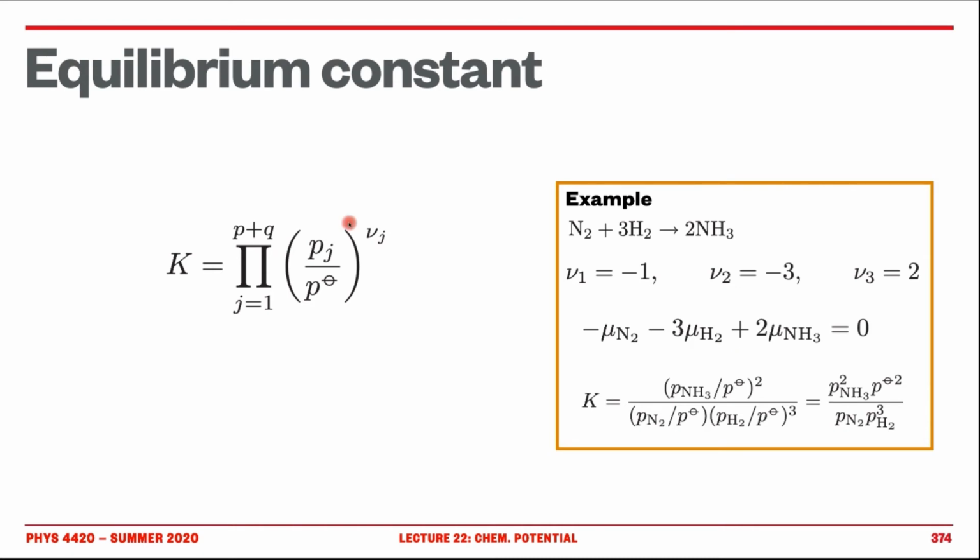And of course, if we apply this formulation for the equilibrium constant of this reaction, we end up with this here, where we have a factor 2 that comes from this one, a factor minus 3, so the denominator, coming from this one. So sorry, a power of 3 coming from this one, and a minus 1 coming from this one.